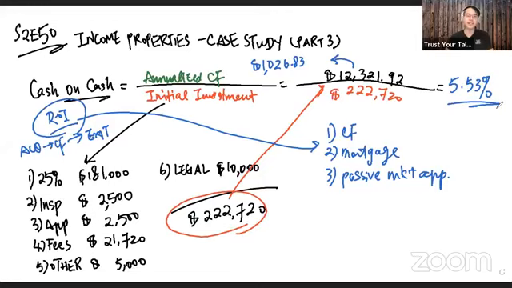Some of you might have heard from other sources of something we call the 1% rule, or the 12% annualized rule, if you will, which is if you take your purchase price and do 1% on that, you should ideally be making that in monthly revenue. That's what most commonly is referred to as the 1% rule, in case you've heard that, and I just want to put it out there as well.